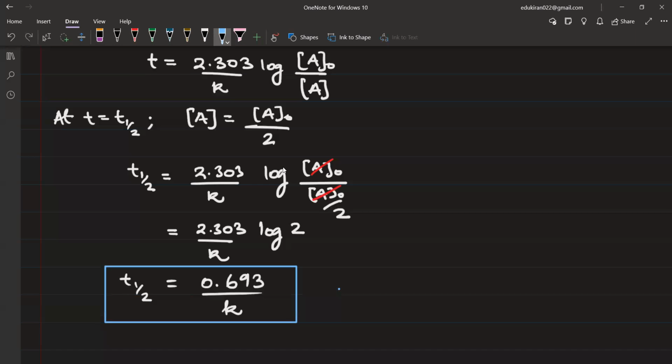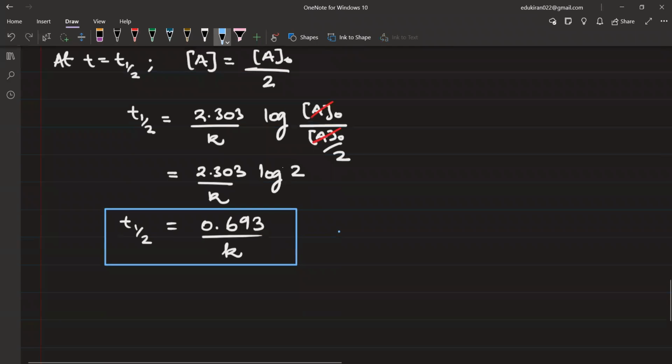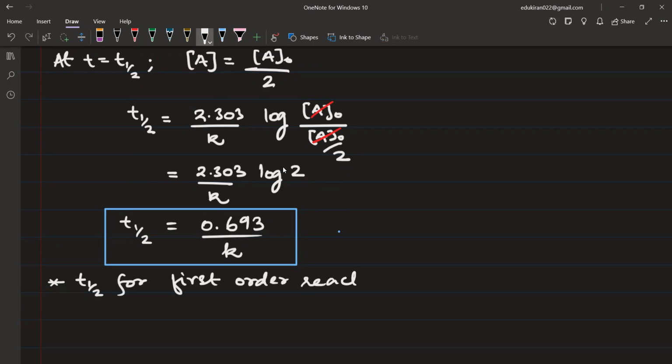The important thing that you can see here is that the t half does not have anything related to the initial concentration. It is independent of the initial concentration. So you'll write t half for first order reaction only depends on the rate constant.